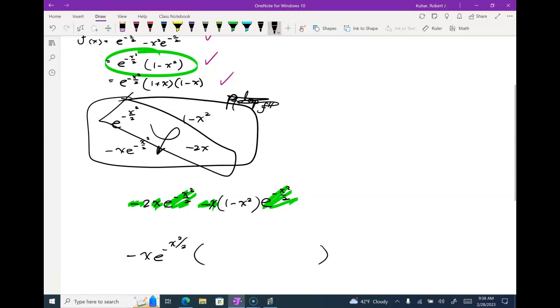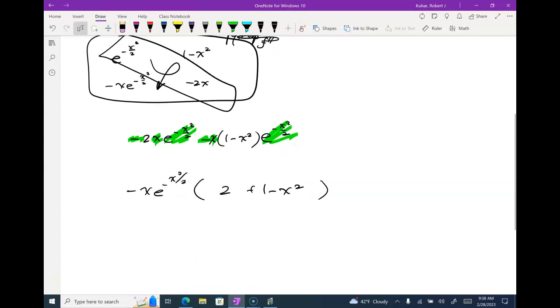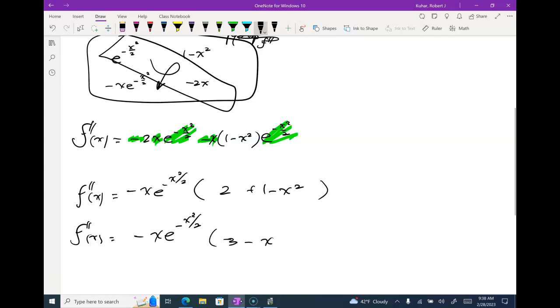And then what's left over? 2 plus 1 minus x squared. So I get negative x e to the minus x squared over 2 times 3 minus x squared.